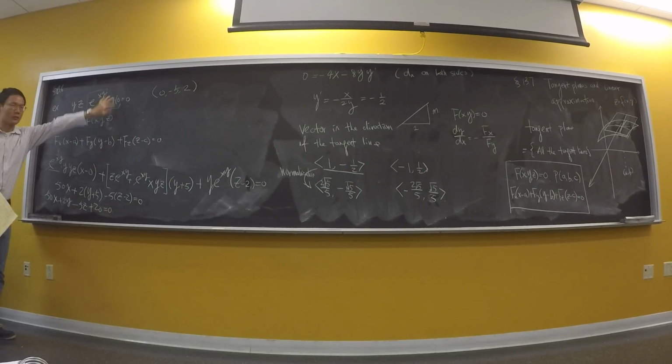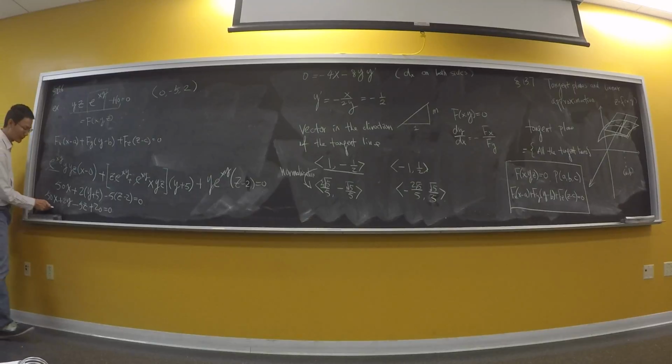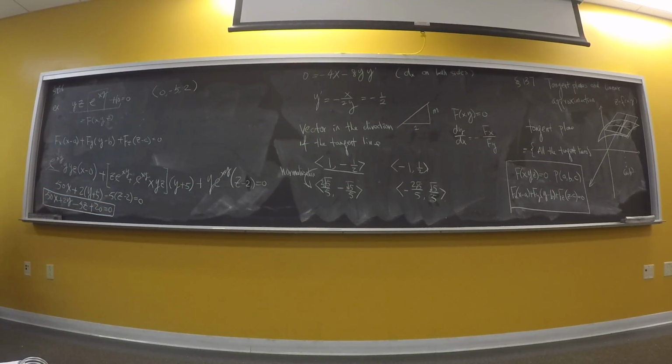No, that's plus 10, that's irrelevant. Never mind, you almost scared me. I don't think I have made any mistake. And there's no further common factor I can remove out of the four numbers, so this is pretty much it. This is the equation of the tangent plane at the given point.